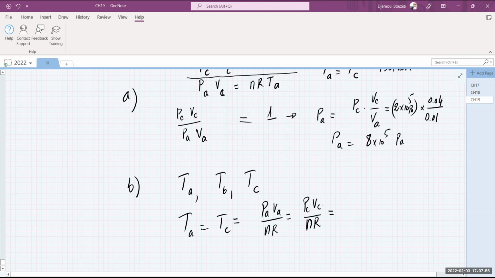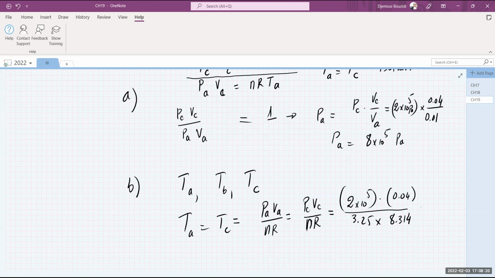If I use the point C, then PC is 2 times 10 to the power 5 times VC, and VC is 0.04 cubic meters, divided by n, which is 3.25, times R, which is 8.314. The answer is going to be in Kelvin, okay? Because everything is in SI. Sounds doable?